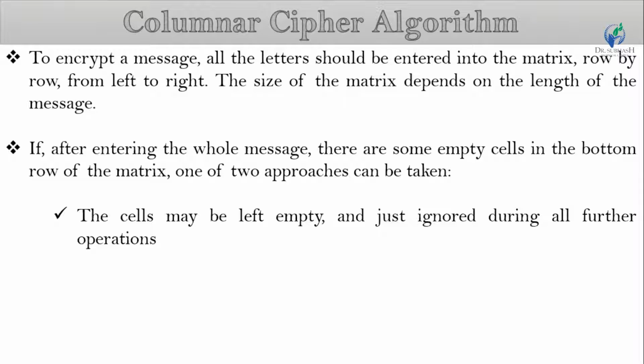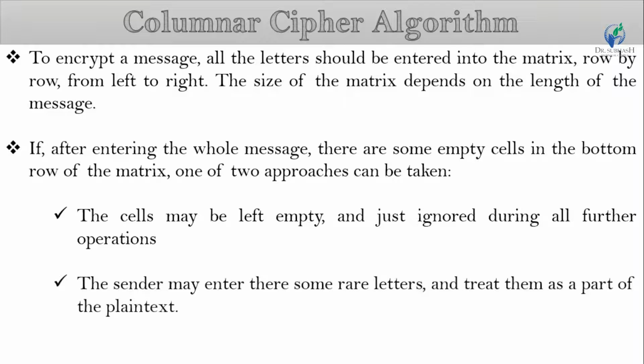The second one is the sender may enter some rare letters and treat them as part of the plain text. After decryption, the receiver should be able to determine that the letters have no sense and that they should be ignored. In this case, the cipher is called a regular columnar transposition cipher.